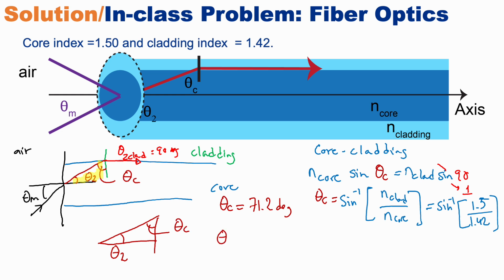I know that the sum of the angles in a triangle is 180 and this is 90. So my refracted angle is going to be 90 minus the critical angle, so that becomes 18.796 degrees.